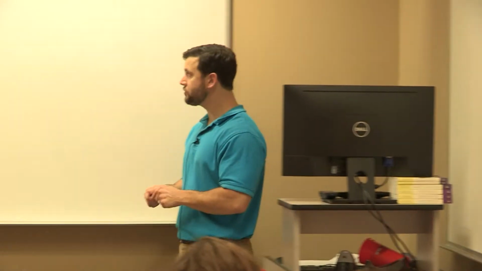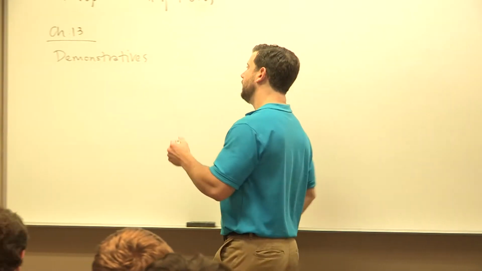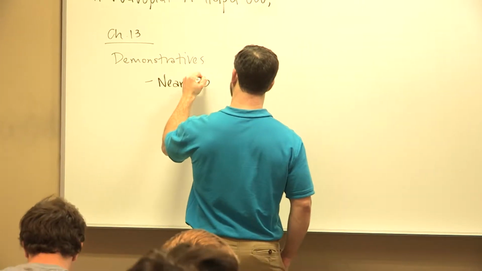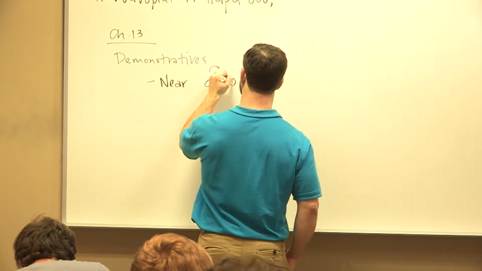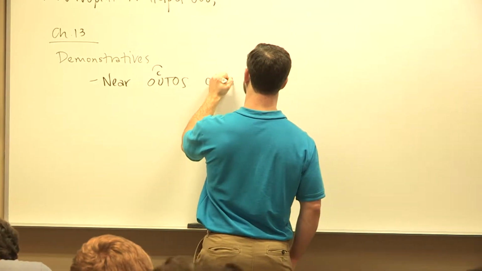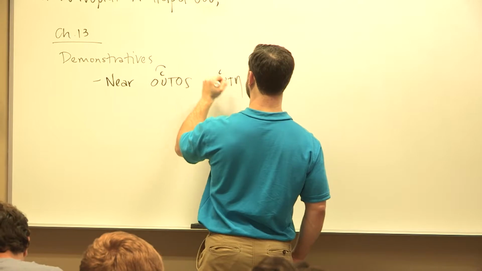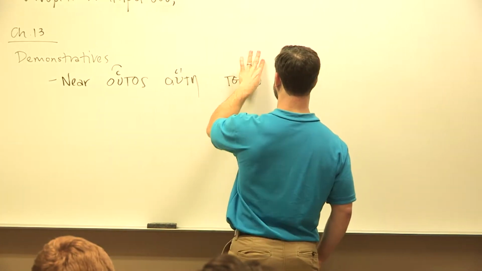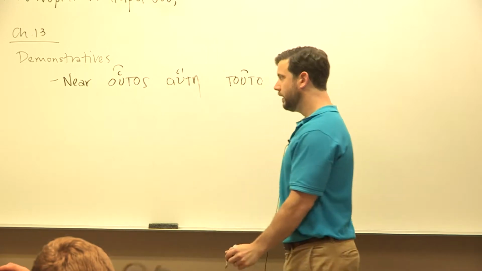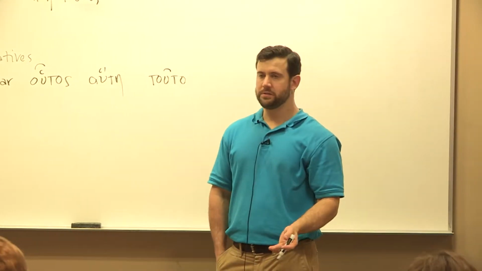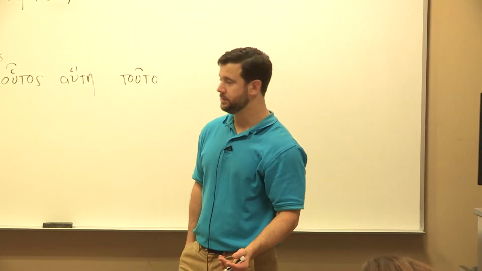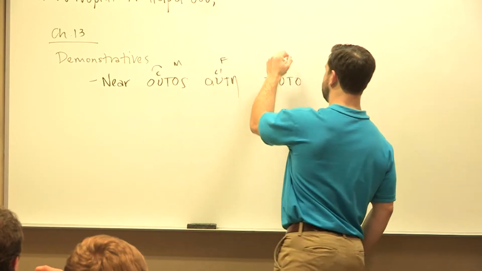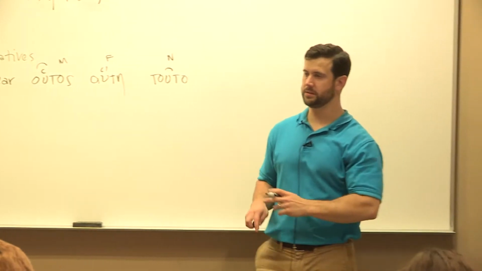In Greek, you have a near demonstrative, houtos, haute, touto. It's the near demonstrative, so it means this. What's different in Greek from English is that it's going to inflect in all three genders.